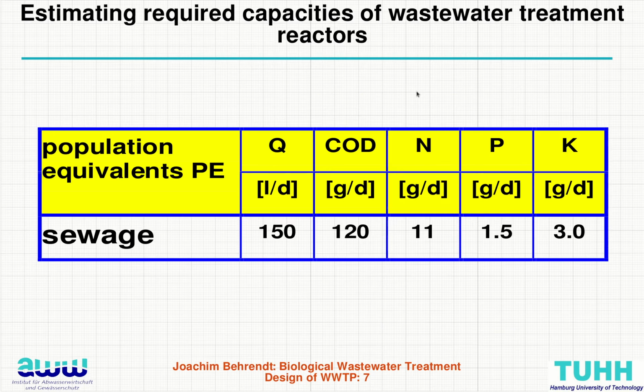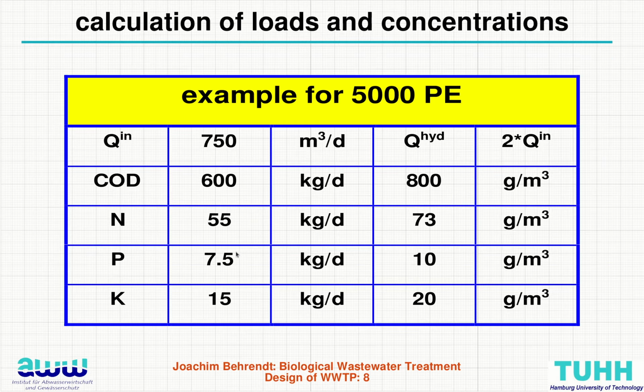We want to make a brief example of a quite simple wastewater treatment plant. We have here one population equivalent, more or less 150 liters per day. Every person consumes water and produces wastewater with a COD of 120 grams per day, and N and P and K we see here from the sketch.